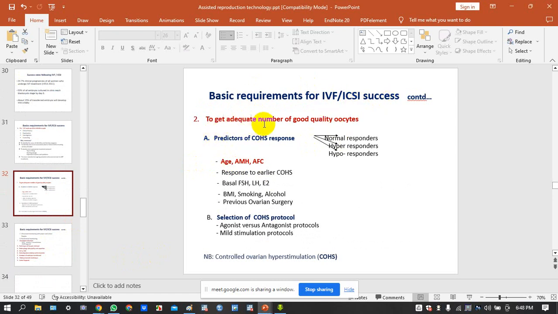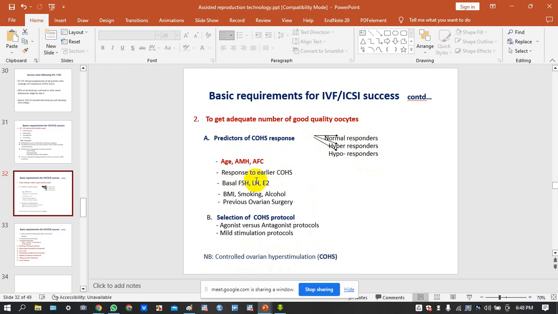To get an adequate number of good quality eggs, the predictors are controlled ovarian hyperstimulation. When you stimulate the ovaries, we have normal responders, hyper responders, and also low responders, based on the age and the level of AMH.